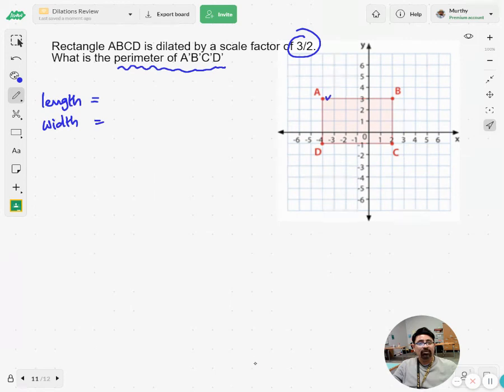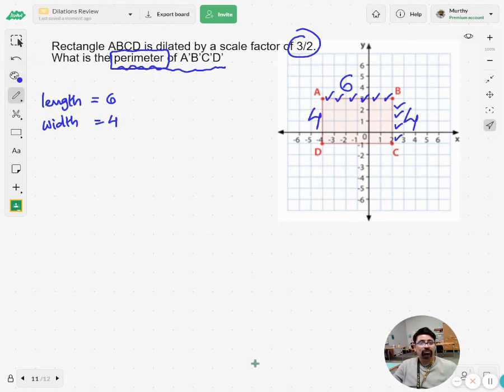Length is, I see that 1, 2, 3, 4, 5, 6. So length is 6 units. Width is 1, 2, 3, 4. It is 4 units. Now you are asked to find the perimeter. So perimeter means, this is 6 units and this is 4, and opposite sides are equal.